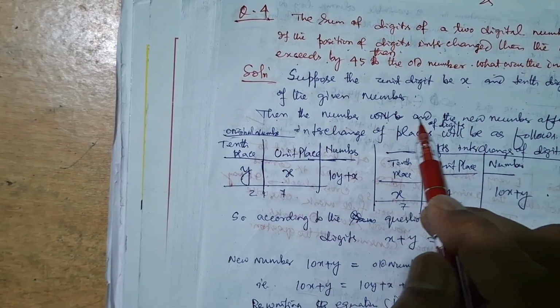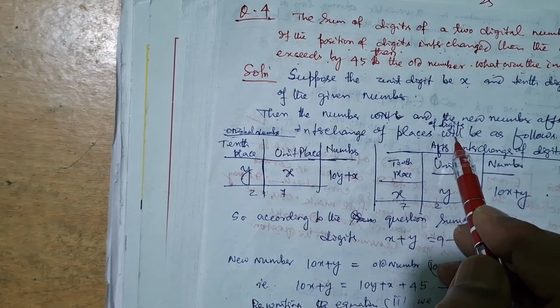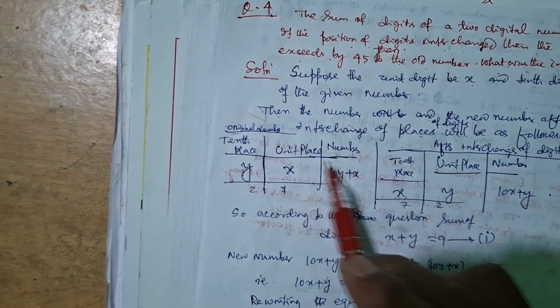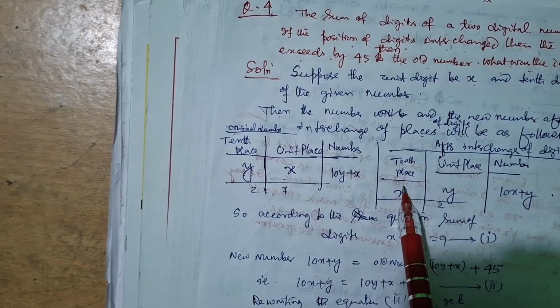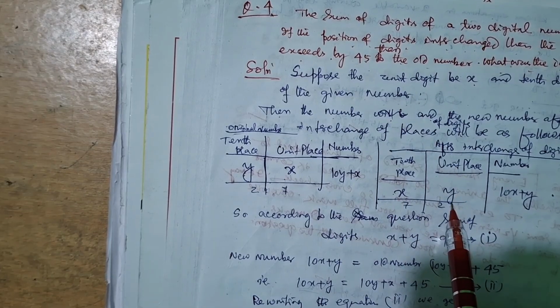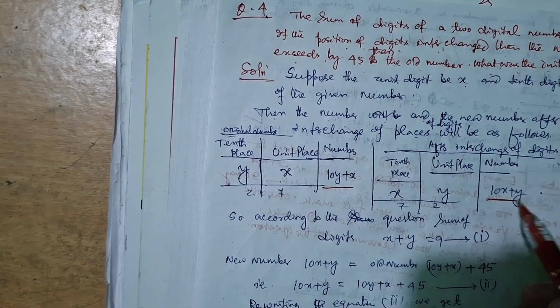Then the new number after interchanging the places will be as follows. If you interchange the digits, taking x to the tens place and y to the unit place, this is the original number and this is the interchanged number.